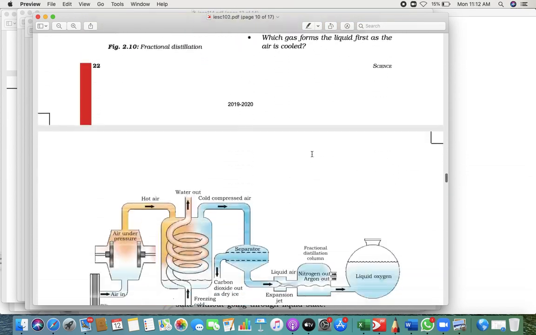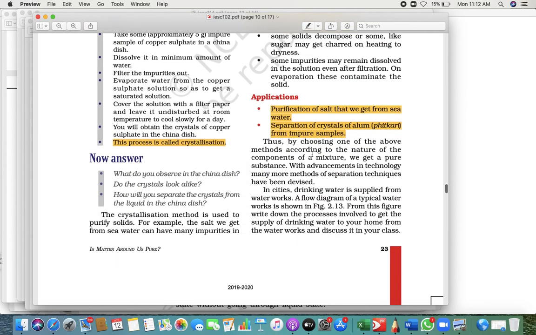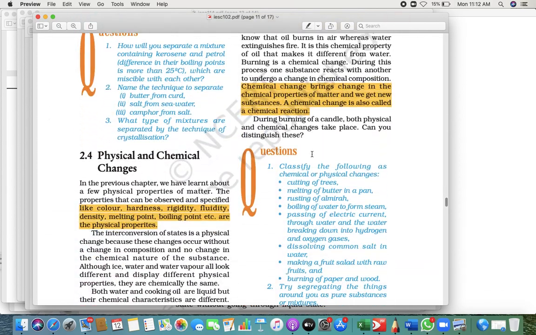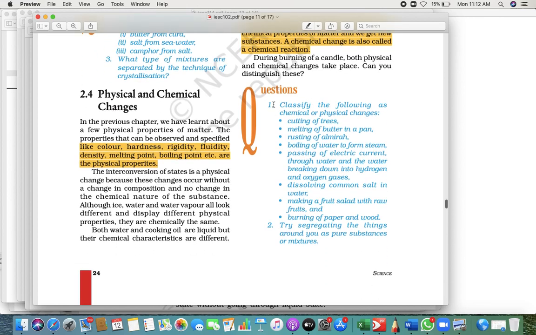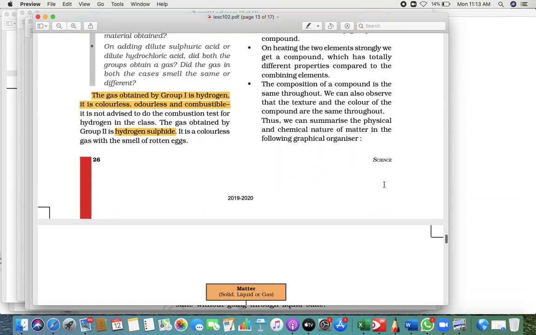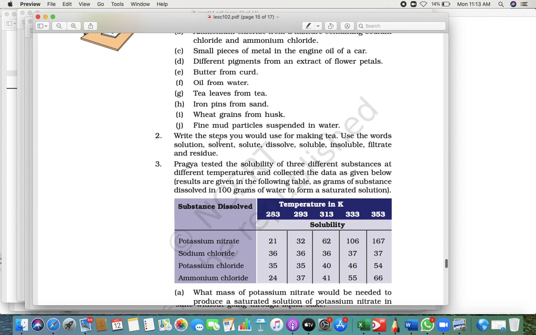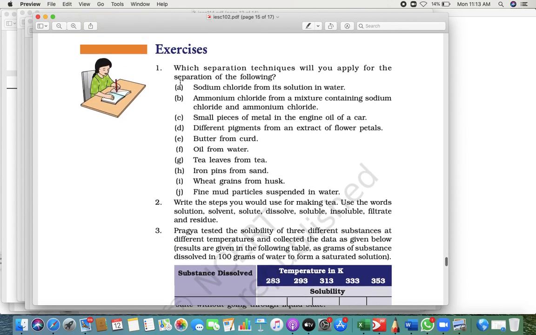Okay, then the separation techniques you remember. In any case you don't need to draw any figure, so don't worry about those figures, right? This is important. What do you call classification of chemical change or a physical change, pure substance? Okay, so even this separation technique, so exercise you remember the separation technique.